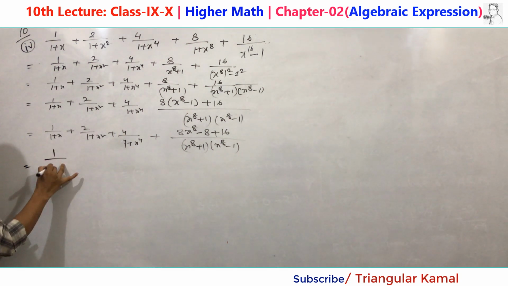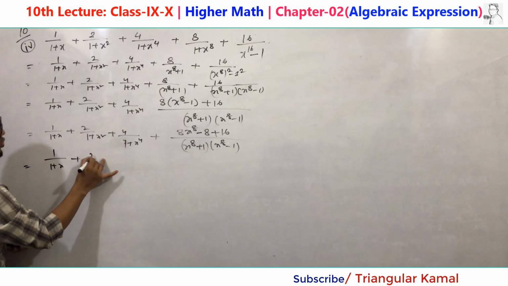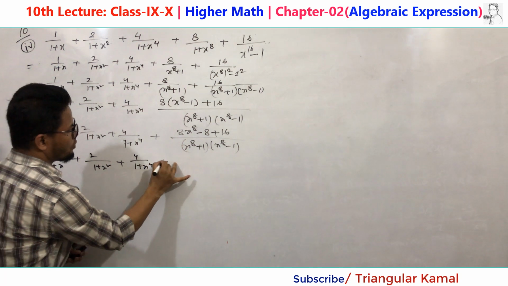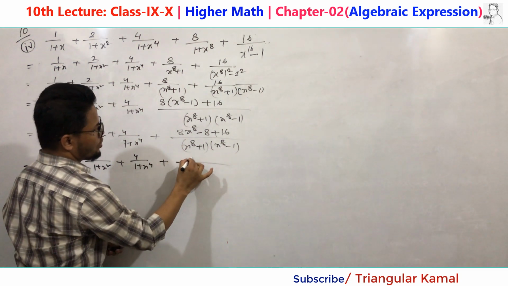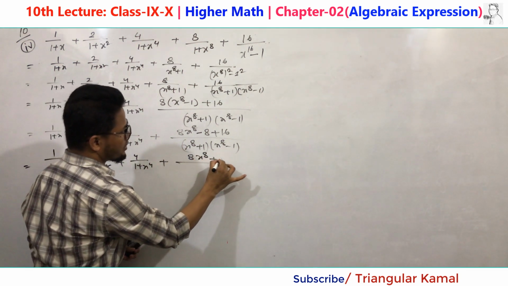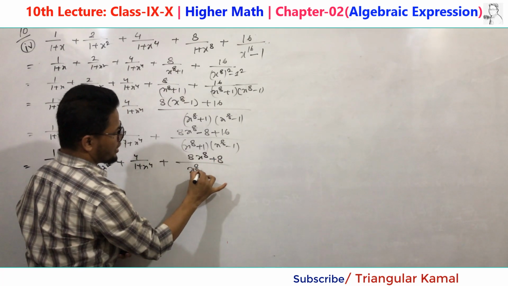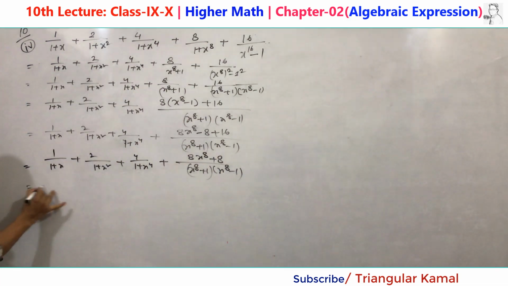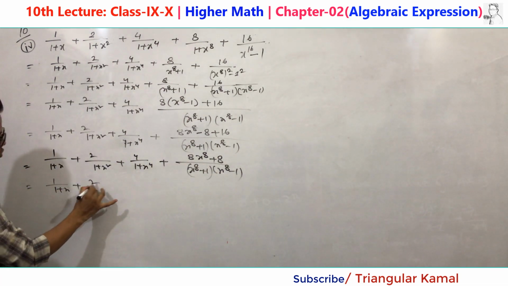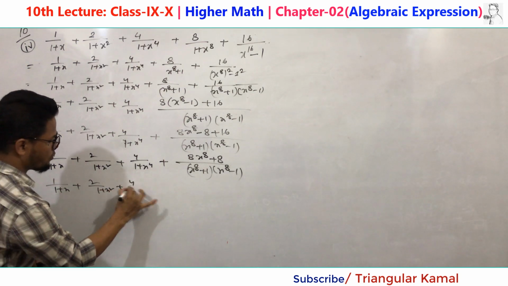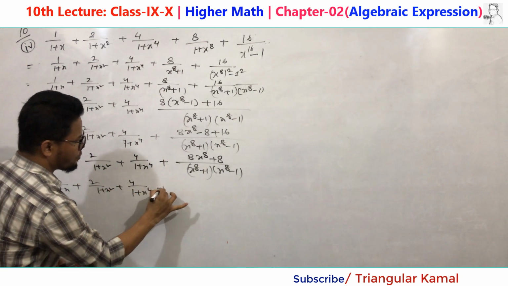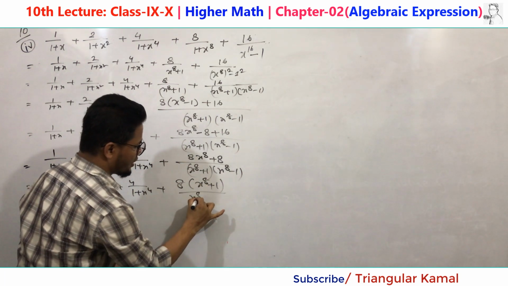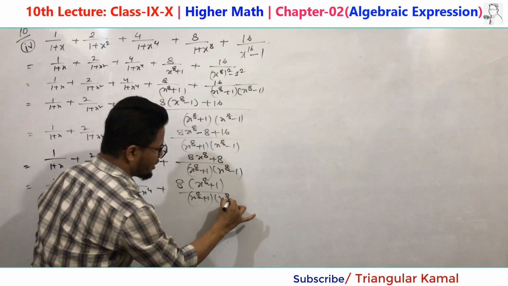After doing the same calculation, 1 by 1 plus x plus 2 by 1 plus x square plus 4 by 1 plus x to the power 4 plus here you will get 8x to the power 8 plus 8, divided by x to the power 8 plus 1 into x to the power 8 minus 1. So now, taking 8 common, 8 into x to the power 8 plus 1, divided by x to the power 8 plus 1 into x to the power 8 minus 1.